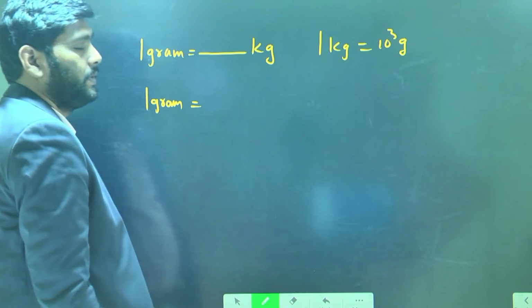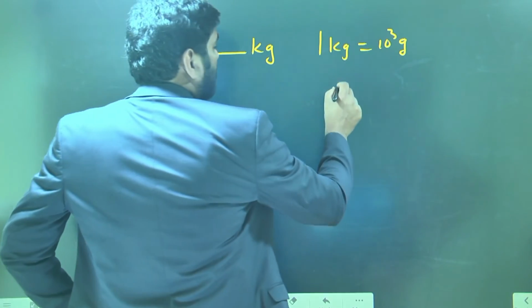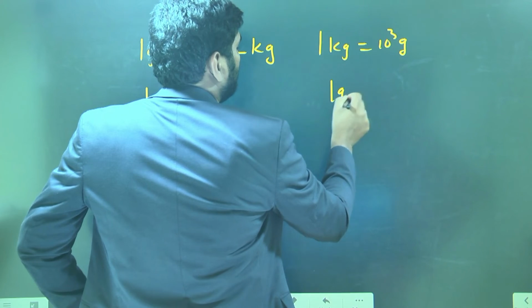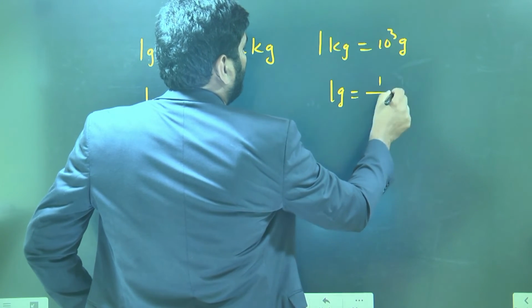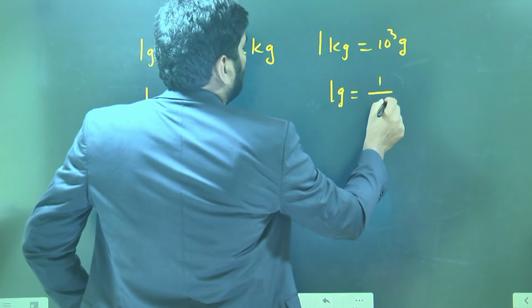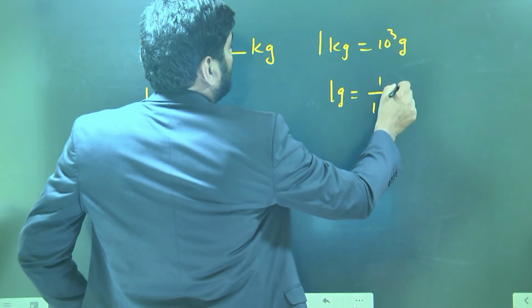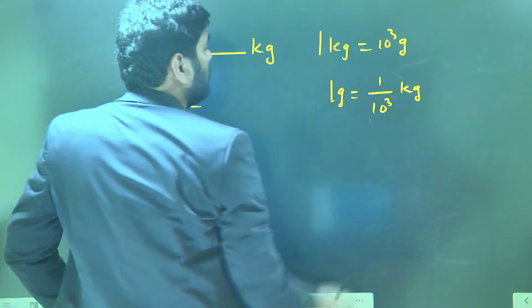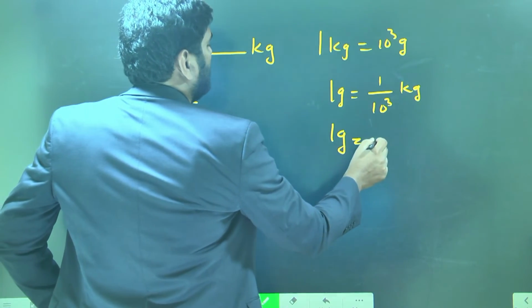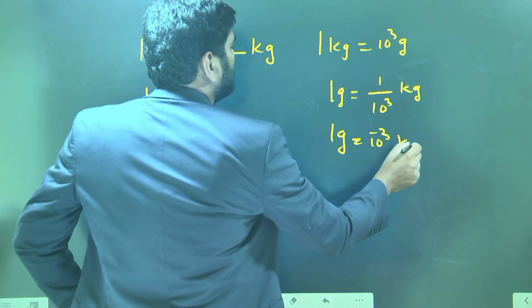From here 1 gram is equal to 1 by 10 power 3 kg. From here 1 gram is equal to 10 power minus 3 kg simply.